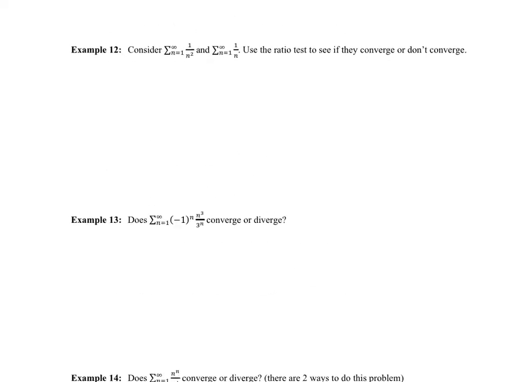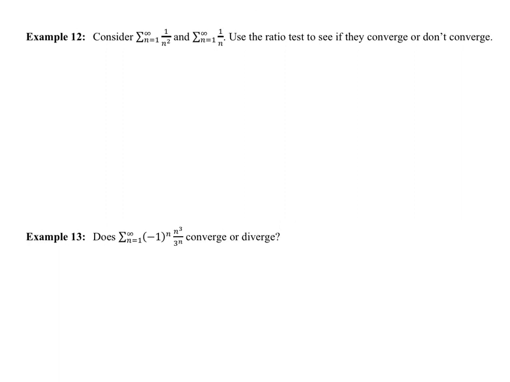Okay, so our first example, I'm going to show you essentially what happens when the ratio is equal to 1. The first one we're going to do is 1 over n squared. So we're going to take the limit. I'm not going to worry about the absolute value right now because both of these are positive for all terms, but typically you would have the absolute value here.